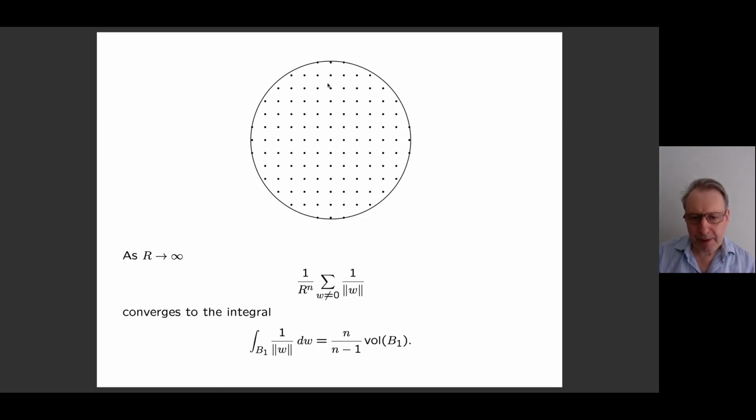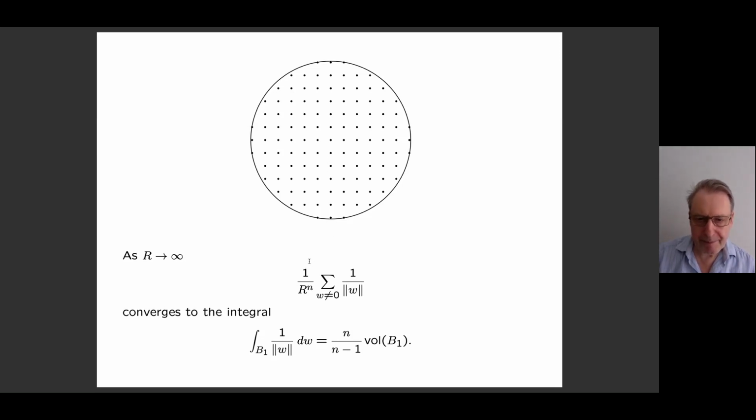And then this quantity here, as R goes to infinity, converges to an integral. This is the Riemann sum of a certain function, namely this 1 over the length of whatever point we're talking about. It's that Riemann sum, and you see we've multiplied each value by 1 over R to the n, because that's the volume of the little cube attached to that point. If you like, you can think of it as sitting around the point.